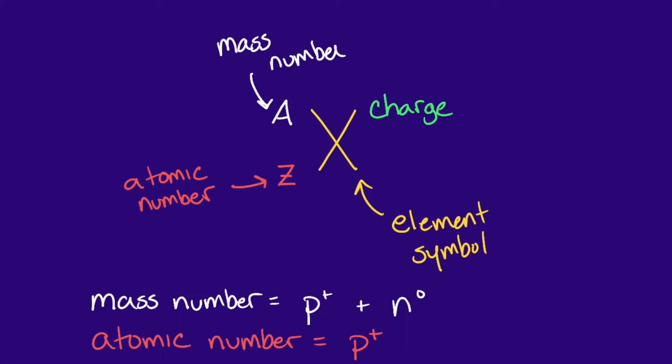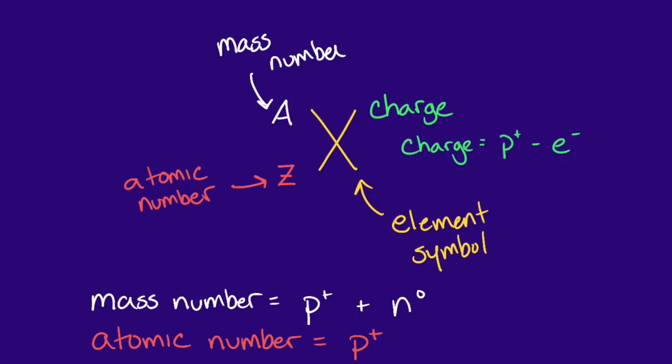And the last bit of information that we will see in our isotope notation is the charge. And this will be in the top right corner of our element symbol. Recall that the 2 charged particles we have in atoms are protons with a positive charge and electrons with a negative charge.